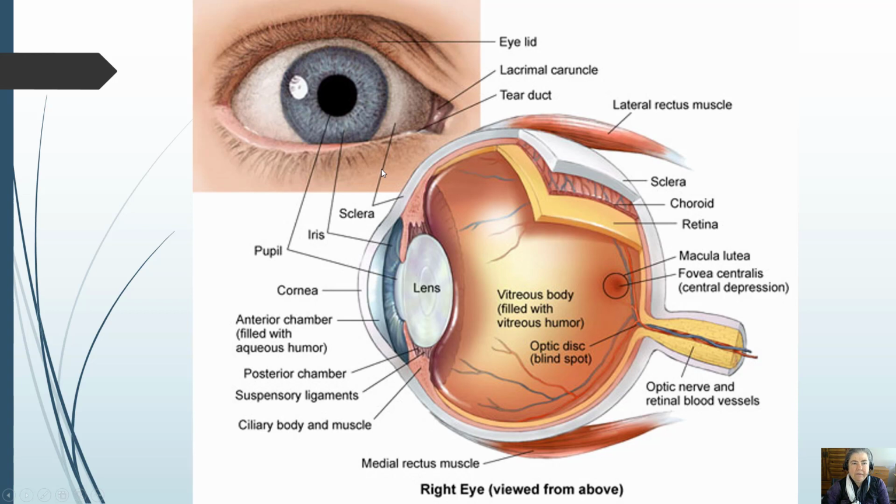There are also exterior structures. We have an upper and lower eyelid. There are eyelashes that help to protect the eye. Medially, we have little holes that are called tear ducts that allow the tears to leave. The tear gland is actually laterally in the upper lid.